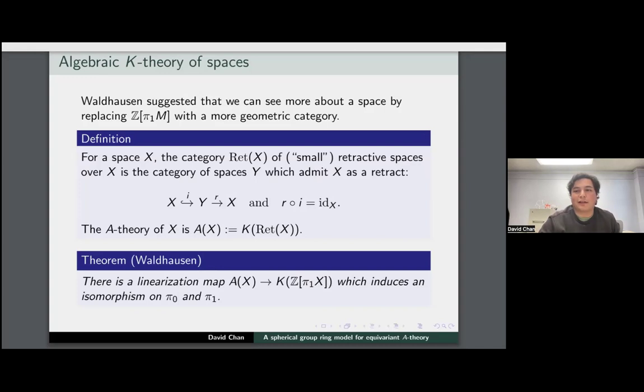It depends more closely on the geometry of X. And you're supposed to imagine that because you have this map, this is why you have things like Wall's finiteness obstruction living in pi 0 and Whitehead torsion living in pi 1 in K theory of Z pi 1 of X. So this is one way to interpret why those things live in the K theory of Z pi 1: this linearization map. But maybe you should think that they lived in A theory the whole time. Okay.